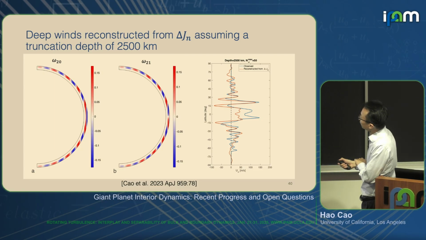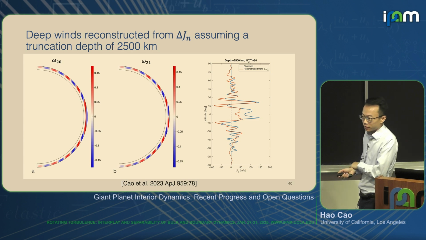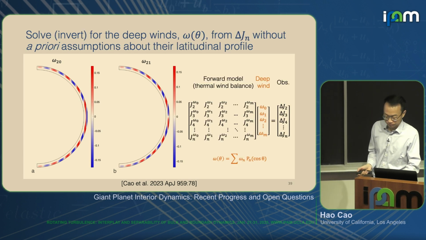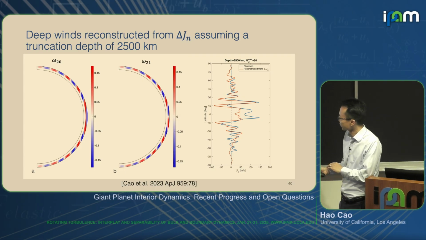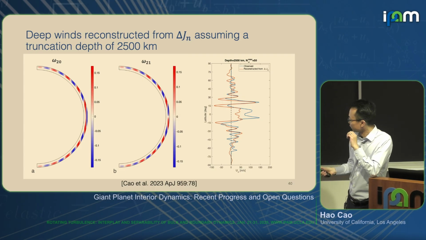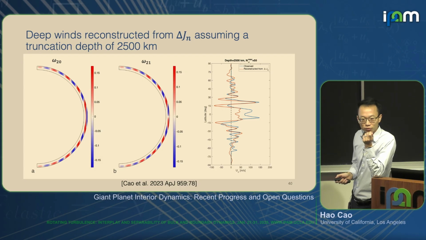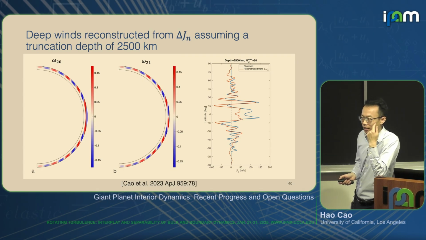Again, blue is the observed wind on the surface of Jupiter. Red is what you get if you construct it from gravity. I want to emphasize that in doing this construction, the red line knows nothing about the blue line. The only input I gave to get the red line is the measured JNs and the background density of Jupiter.